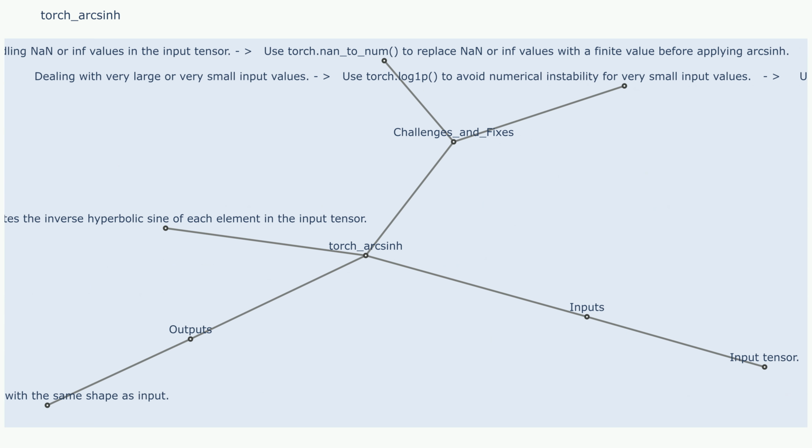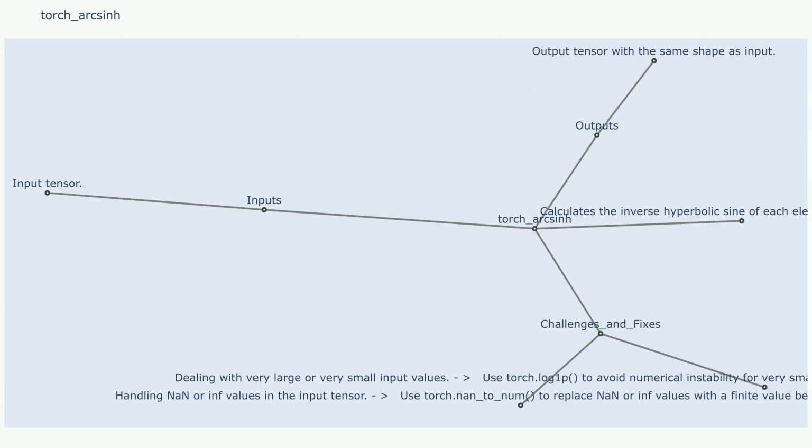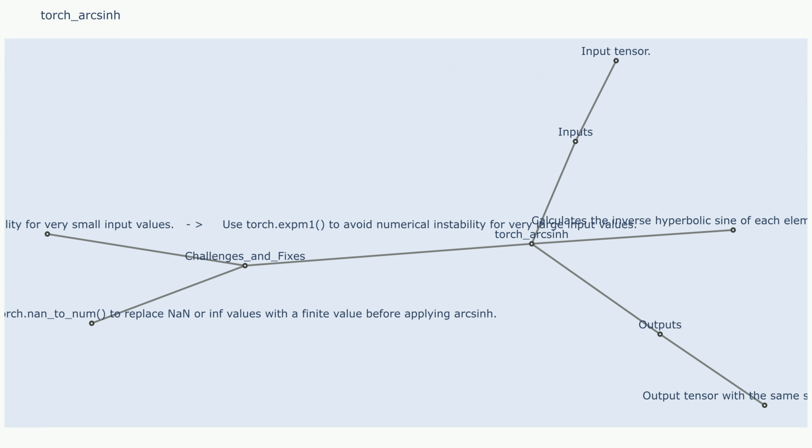It can be of any data type that supports mathematical operations. Outputs: a tensor with the same shape as the input tensor. Each element in the output tensor represents the inverse hyperbolic sine of the corresponding element in the input tensor. The output tensor will have the same data type as the input tensor.